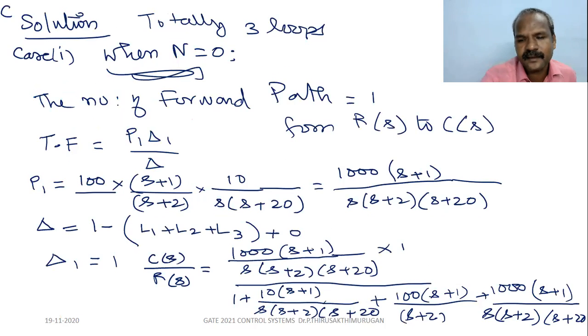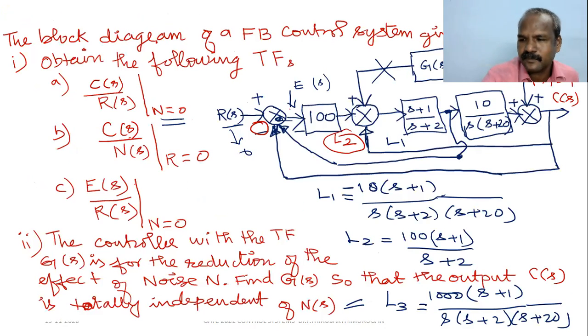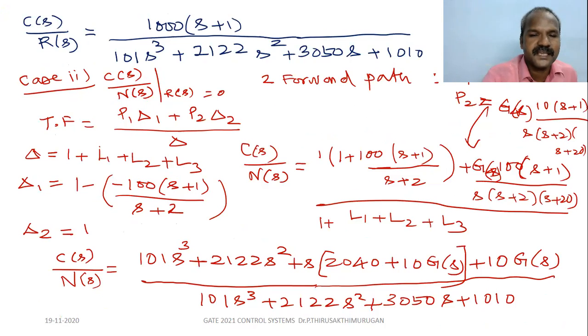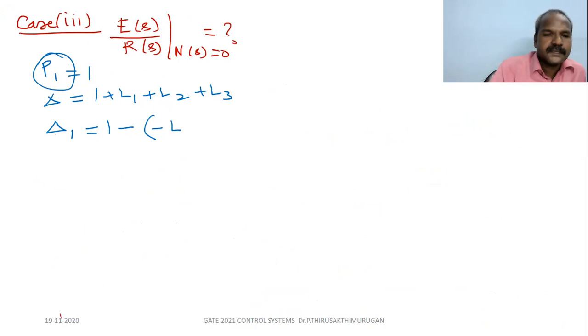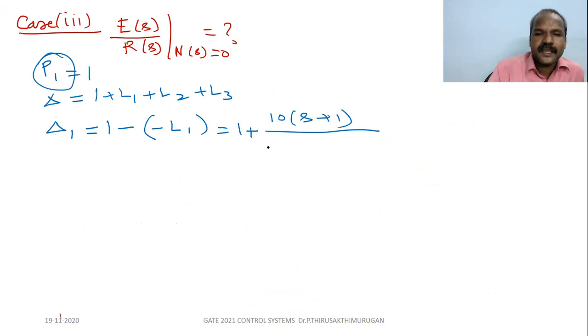What is L1? 10 into (S plus 1) by S into (S plus 2). So L1 is not touching the first forward path. So delta 1 equals 1 plus 10 into (S plus 1) divided by S into (S plus 2), (S plus 20).